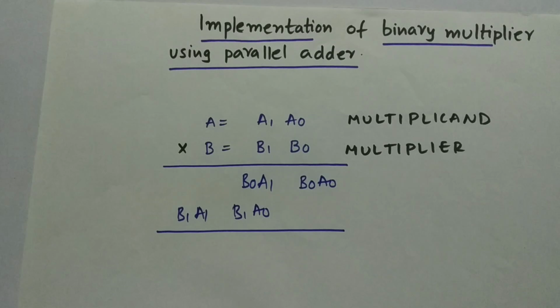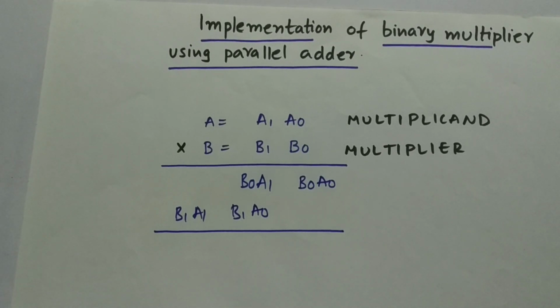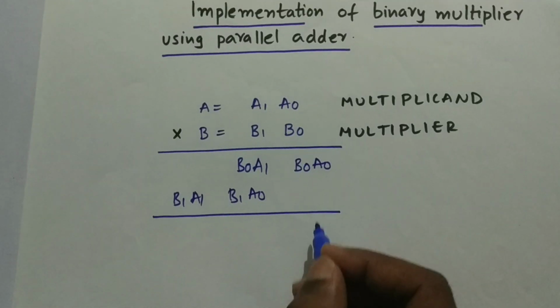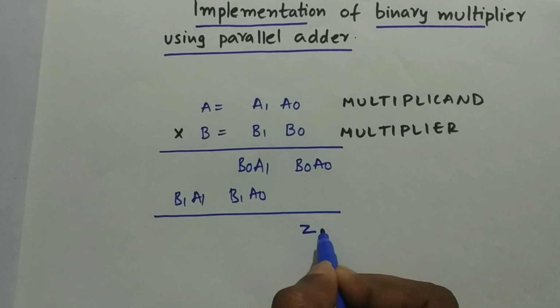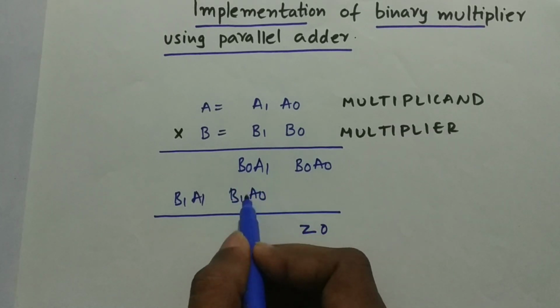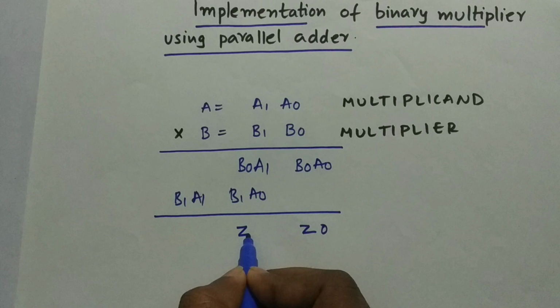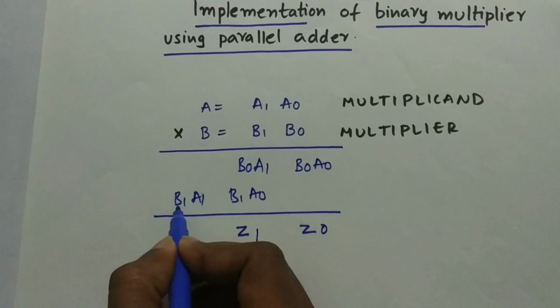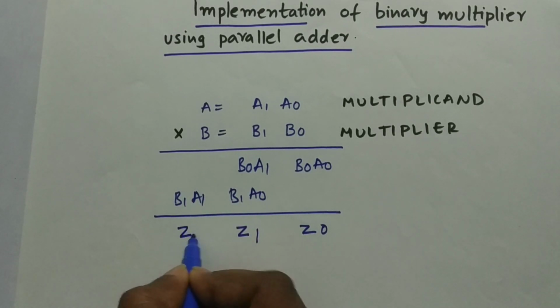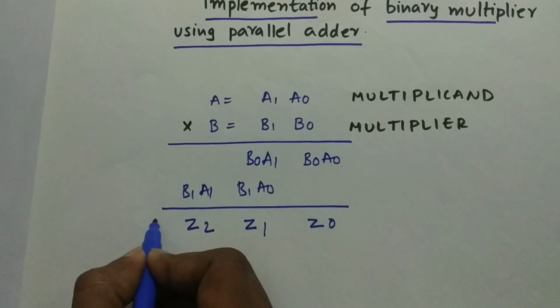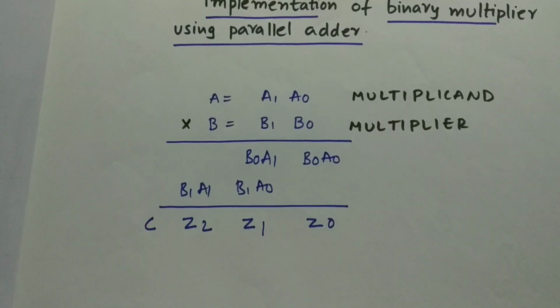Now we will add them again. It is similar to the previous case. I'm considering B0 A0 as Z0, B0 A1 plus B1 A0 as Z1, and if there is any carry, plus B1 A1, I'm considering as Z2. I'm also taking a carry if there is a carry from here. These are the outputs from our inputs when multiplied.